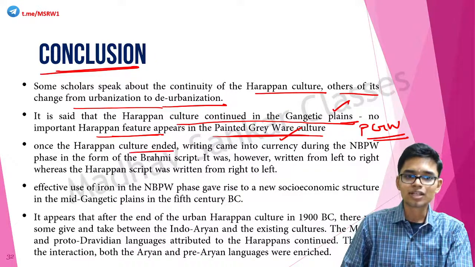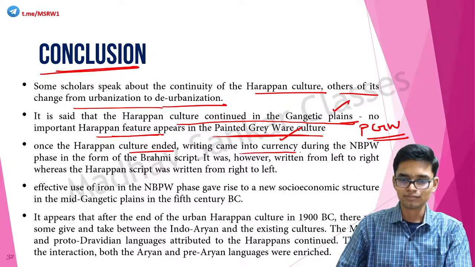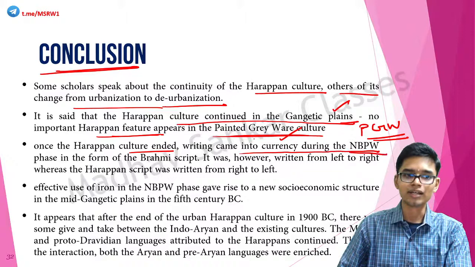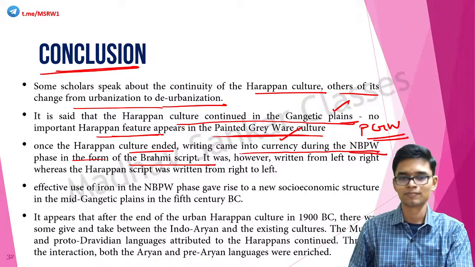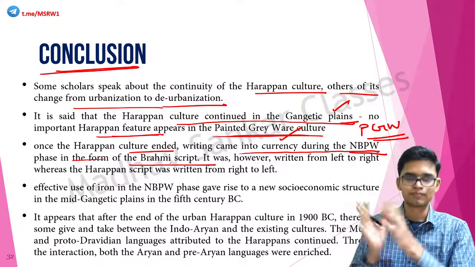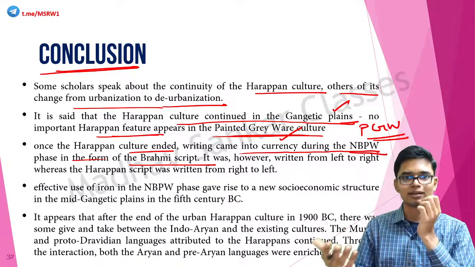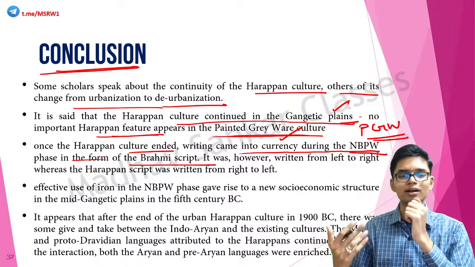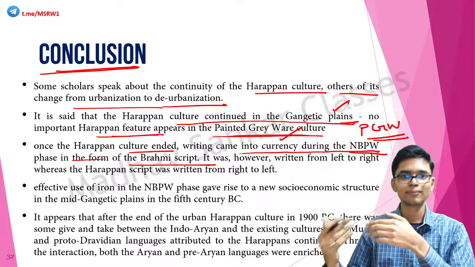Once the Harappan culture ended, writing came into currency during the NBPW phase in the form of the Brahmi script. So there is a gap. NBPW is again a part of the Iron Age, and that is northern black polished ware.